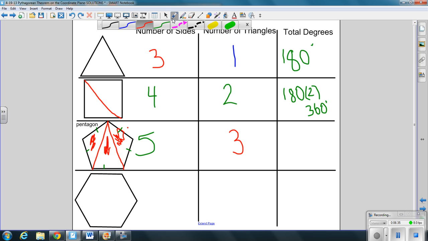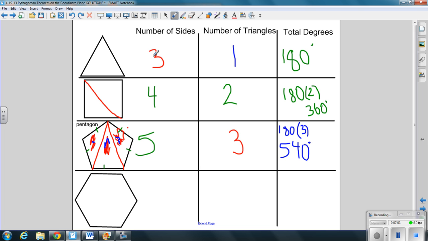So in conclusion, if I know one triangle is 180, this triangle is 180, and this triangle is 180, I can take 180 degrees for one of those triangles and multiply it by 3 to account for all 3 of the triangles. So 180 times 3, 540 degrees.